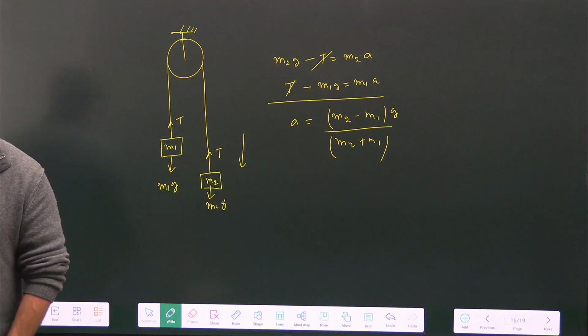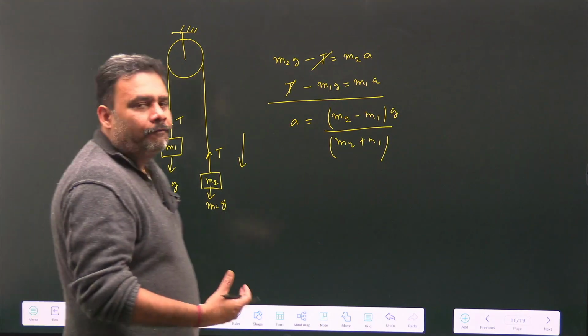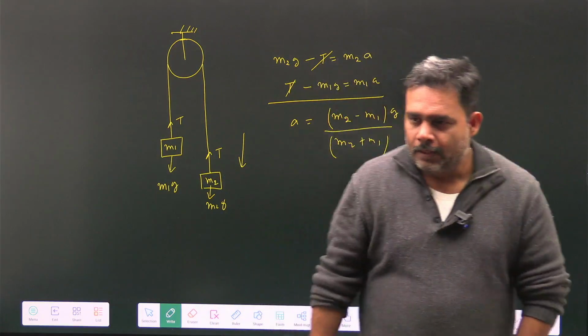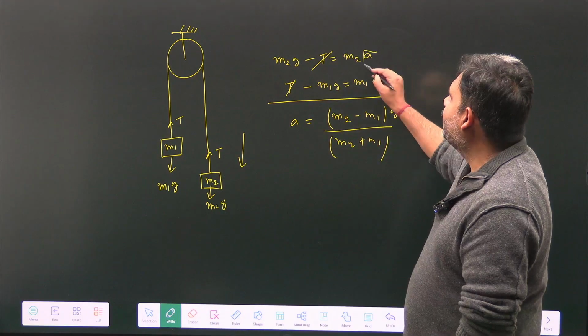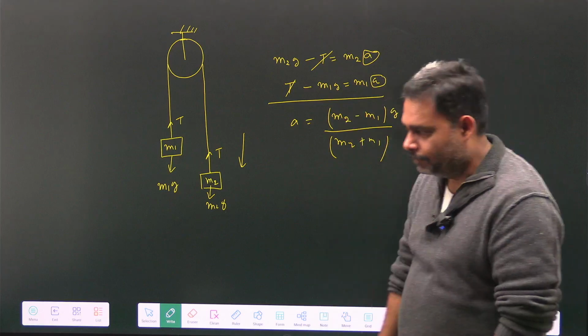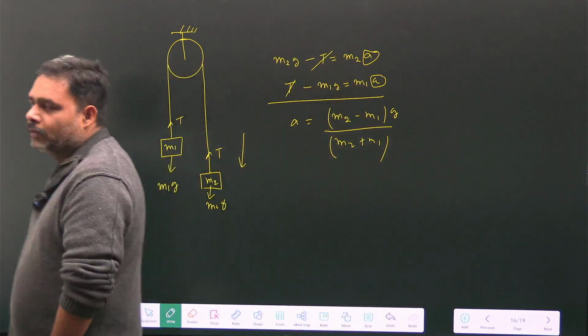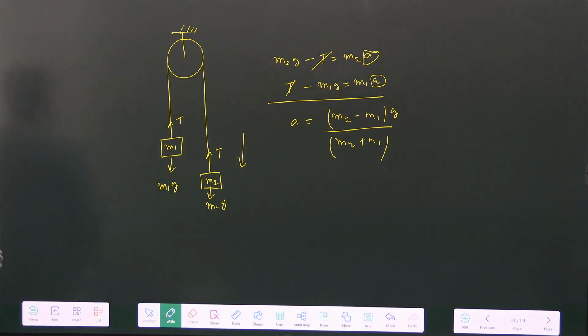Now, I just want to ask a fundamental question. How do you know that this acceleration is the same? How do you know that these two accelerations will remain the same?